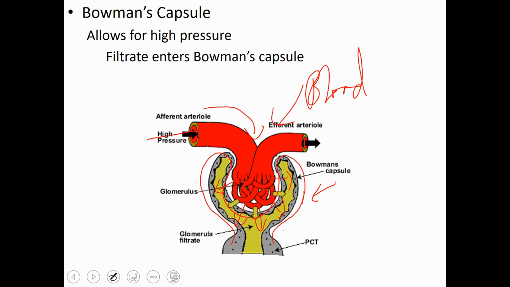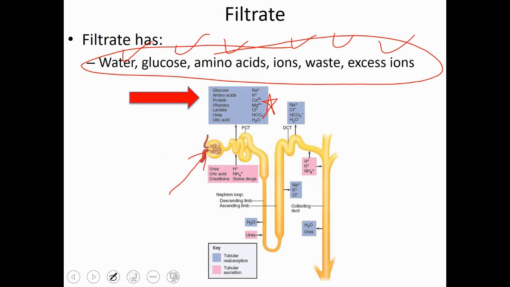Okay, so just one more time, Bowman's capsule does not have blood in it. It has what we call filtrate. So it's going to have water, the salts, the sugars, all of that stuff. And then as we move down the road in the nephron, we're going to be reabsorbing some of that. Okay, so just to go back to this slide, everything in yellow is filtrate.